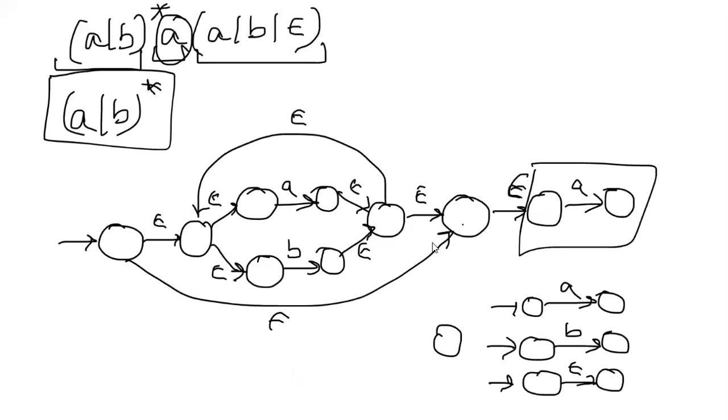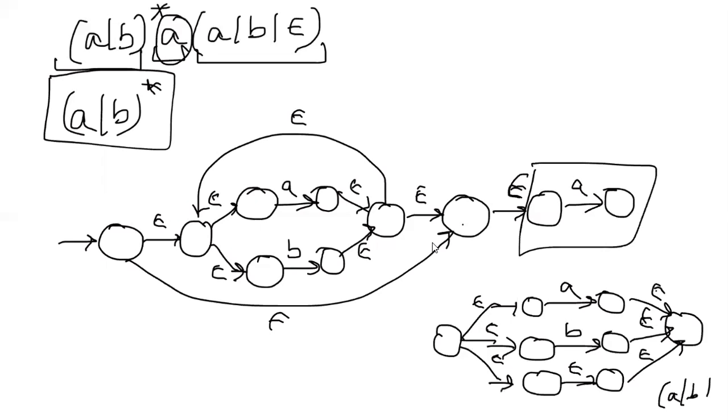So if I have or, I can connect all of this using epsilon transitions. Similarly, the new final state would be connected to each of these. All right. So what I have here is your A or B or epsilon.